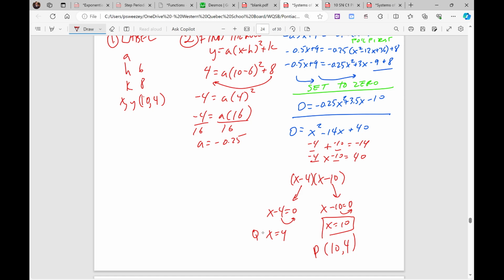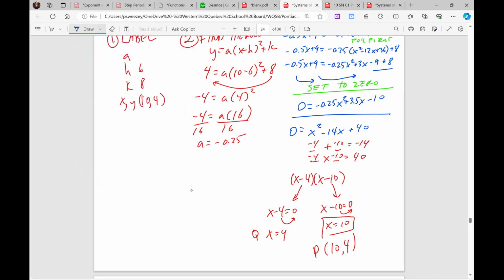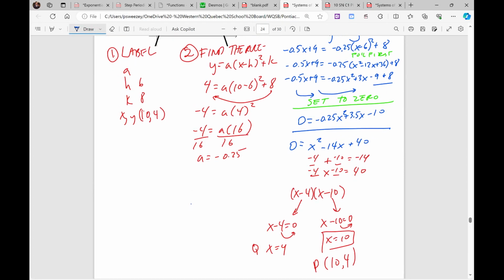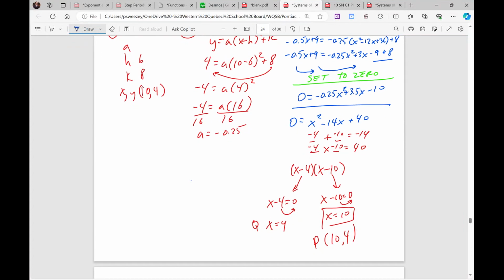So the last and final step of all of this, because again, our objective is just to find point Q, is to go ahead and plug it in, and please just plug it into the linear. So for your fourth and final step here, plug in x and find y.